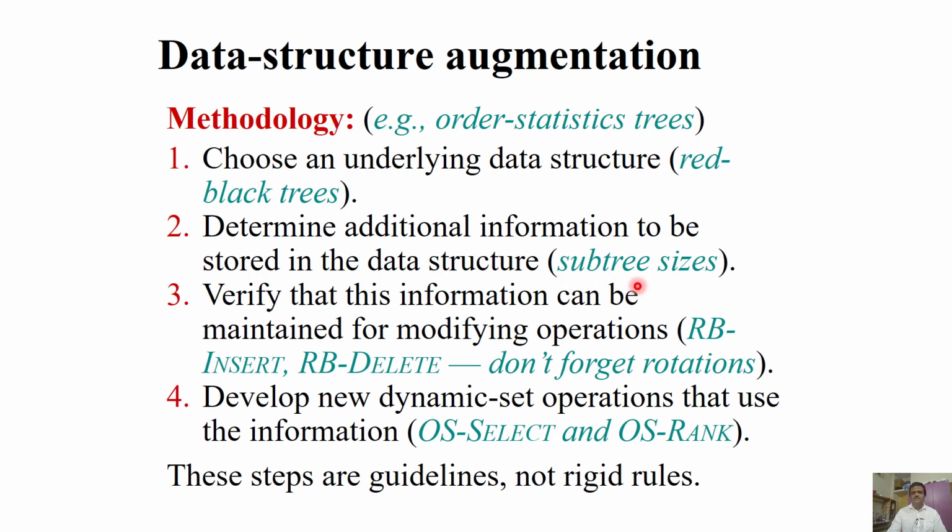Here we have kept the subtree size, the total number of nodes in the tree rooted at that node. Then we must verify that the red black tree insert and delete, which involve the rotation operation, should not take more time to fix this additional information that we have to keep. That we have already seen.